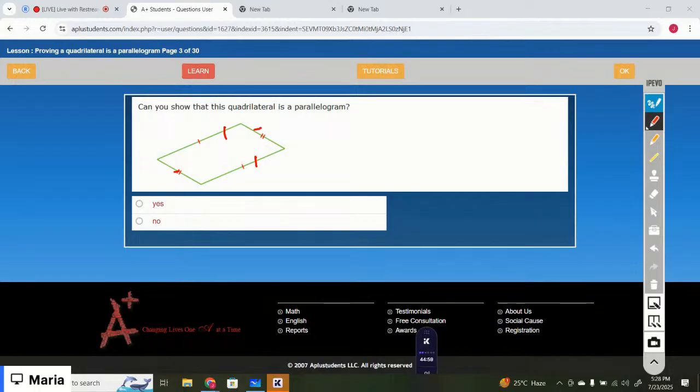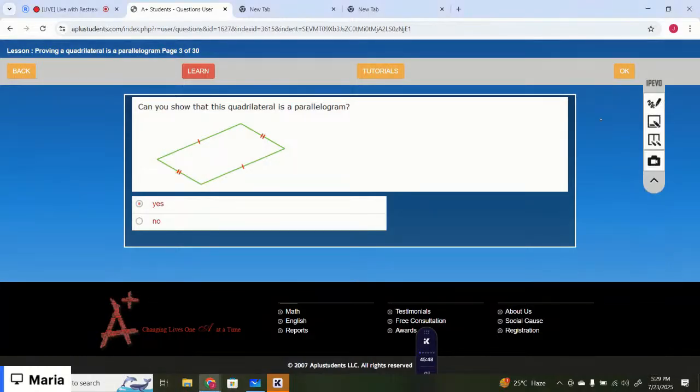So yes, that is a parallelogram because the opposite sides are congruent. Option number one is the correct option.